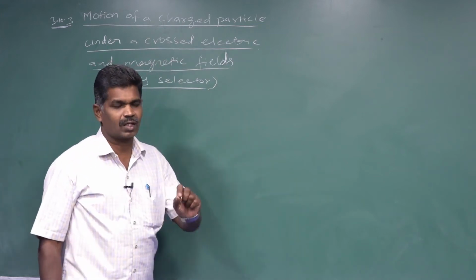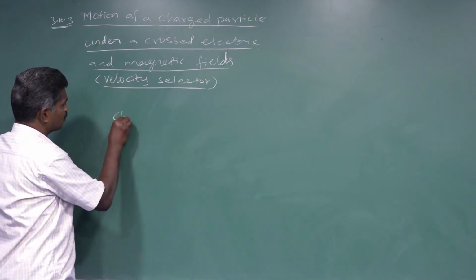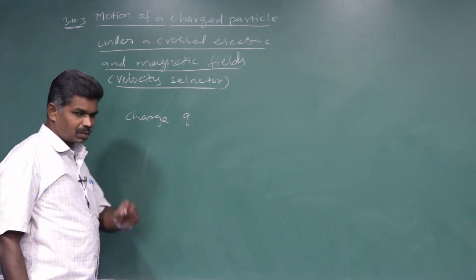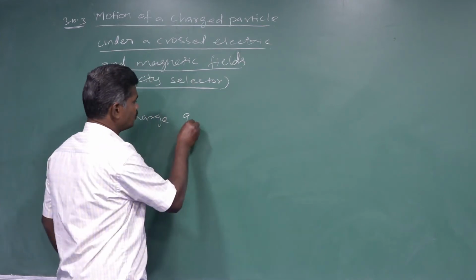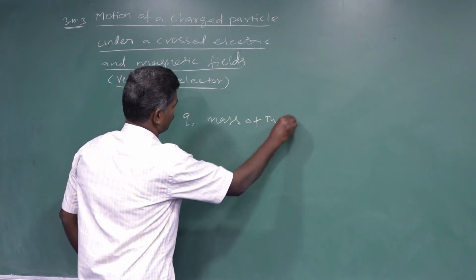First of all, we are going to take a charge, with the symbol Q. Whatever it may be, it is a particle, so it has a mass, the mass of the charged particle.